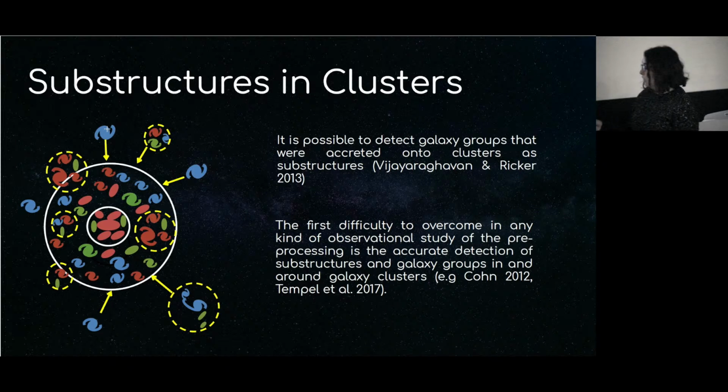For this reason, lately I focused my interest on identifying substructure in clusters, with the idea to have a technique or a tool or a criteria to identify substructure with different techniques in order to improve the identification of the substructure and also to have a first idea about the substructure in clusters.